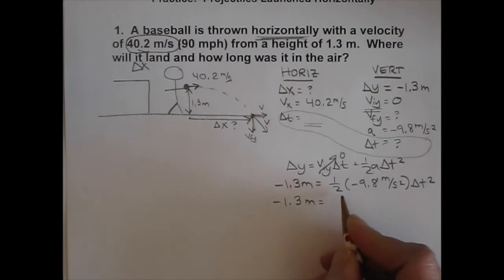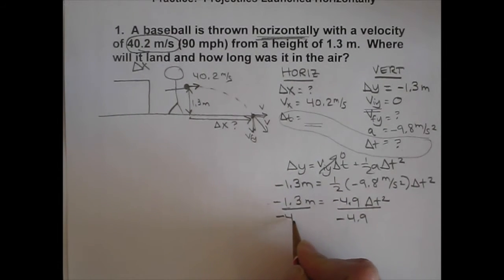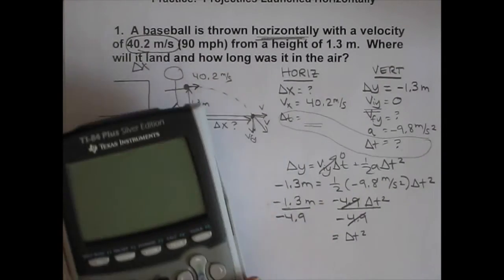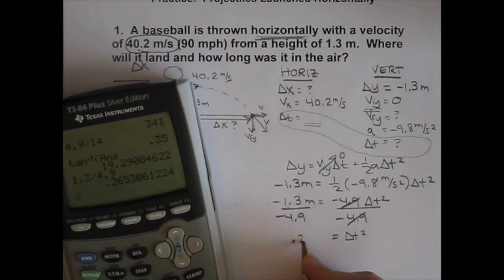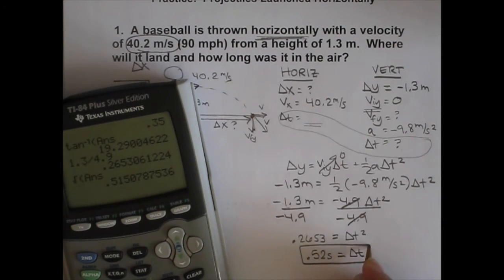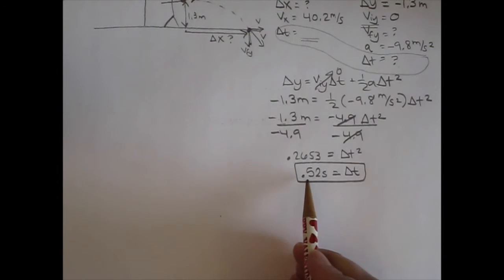So negative 4.9 times delta t squared, then divide both sides by negative 4.9. 1.3 divided by 4.9 is 0.2653 and a bunch of other things. And then taking the square root is 0.52 seconds. Okay, so it landed at 0.52 seconds. That's how long it was in the air.